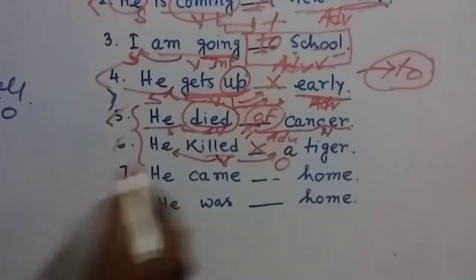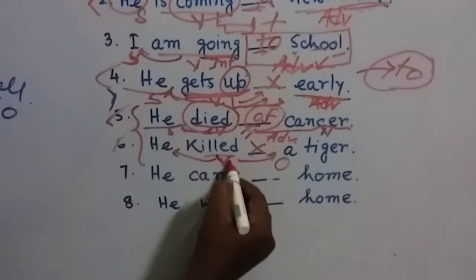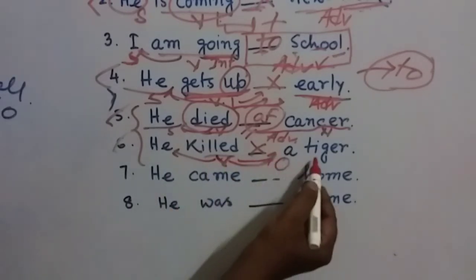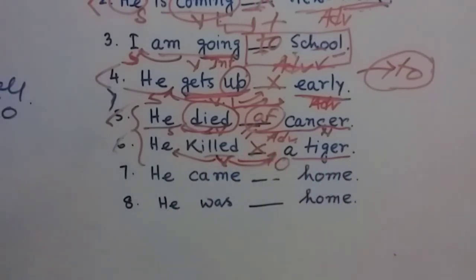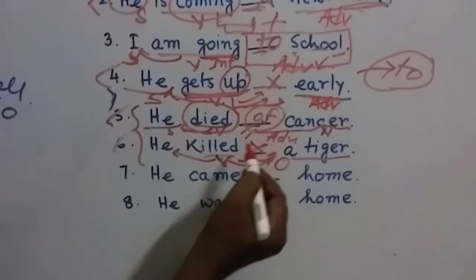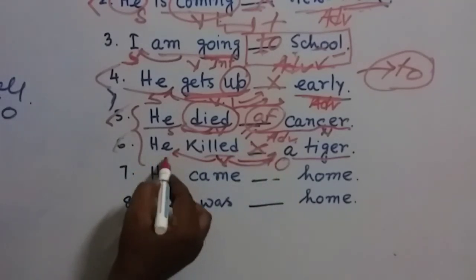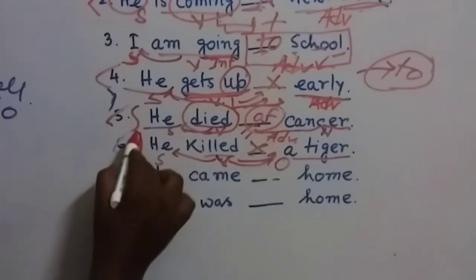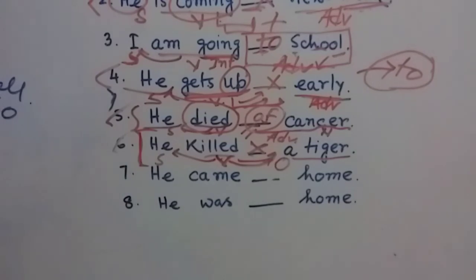And a transitive verb means there must be an object. So a tiger is the object here. That means there is no need to use any kind of preposition. Subject, then verb, then object. The basic structure of an English sentence. No need to use any kind of preposition.